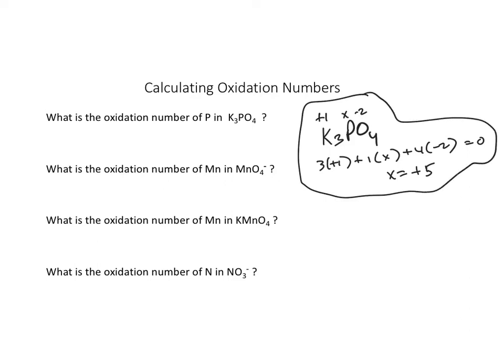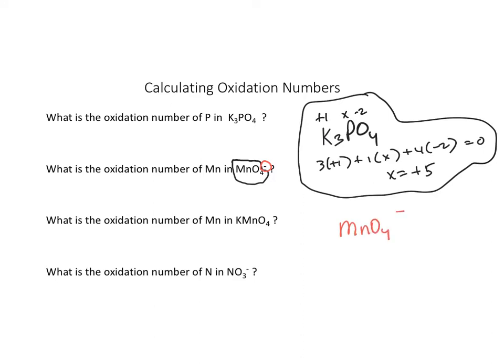All right, for permanganate, now the rule, whatever that was, 4 I think, says that the sum of the oxidation numbers for the ionic species, in this case the polyatomic ion, has to equal the charge, and the charge is -1 on the entire thing, on the entire species. So let's write that out.